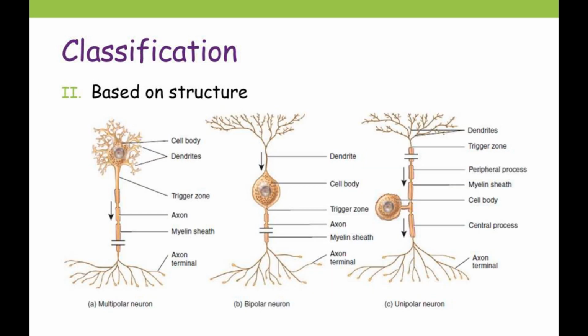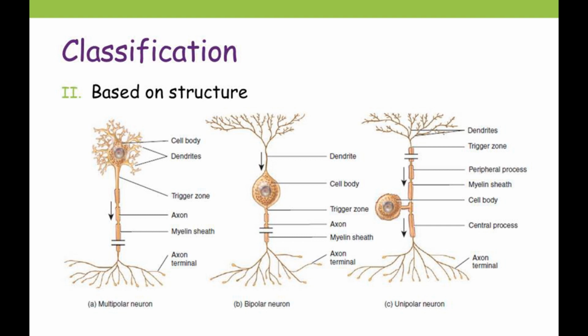Another classification is based on the structure, where it can be classified based on the position of the cell body. A neurite is actually an extension from the cell body of the neuron. If there is a single neurite, or a single extension from the cell body, that neuron is known as a unipolar neuron.